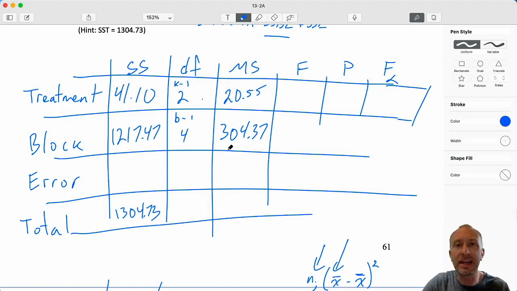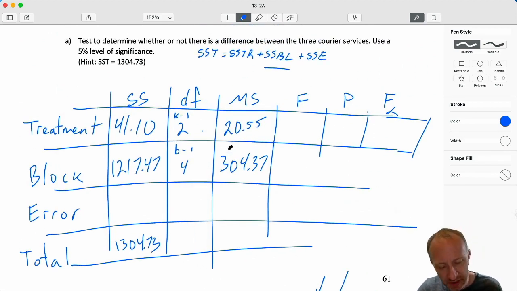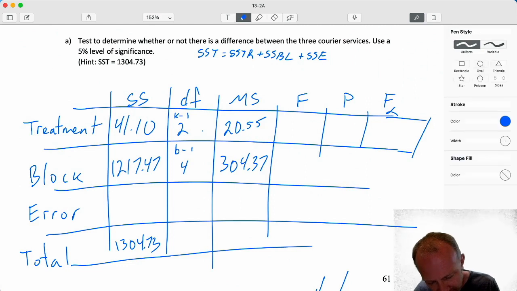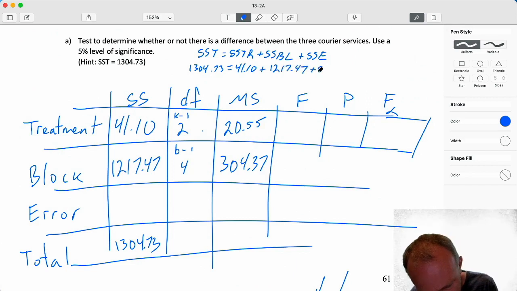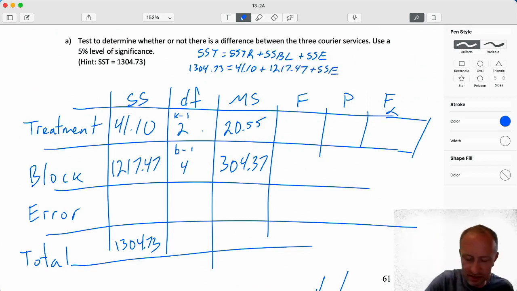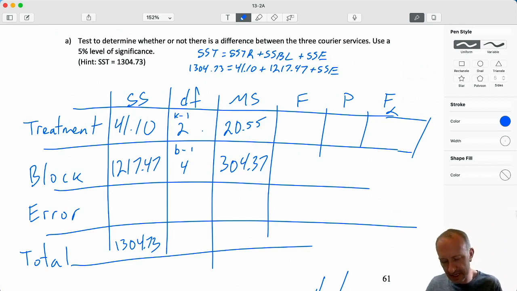Now I can calculate SSE, because again, here I've got all of these components. I know SST is 1304.73, SSTR is 41.1, SSBL is 1217.47. So I'm just going to use that to solve for SSE.